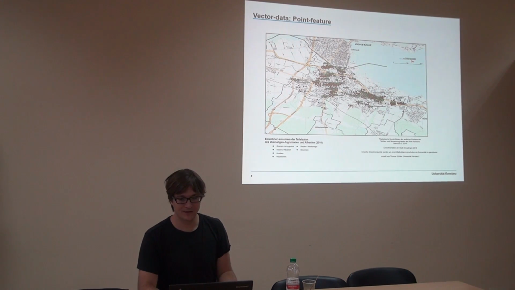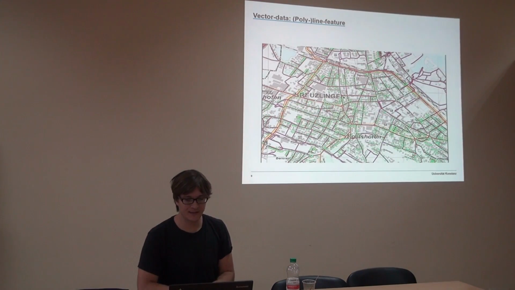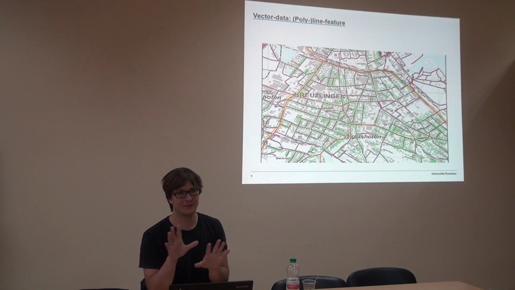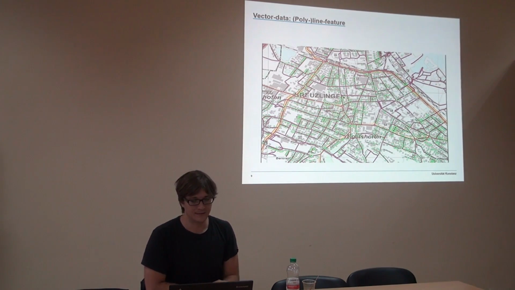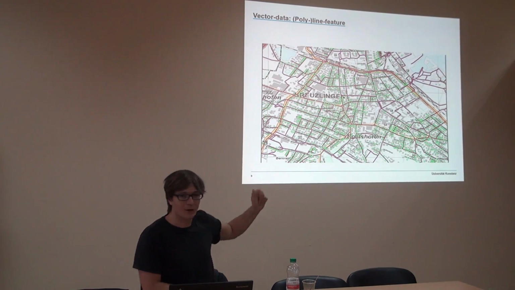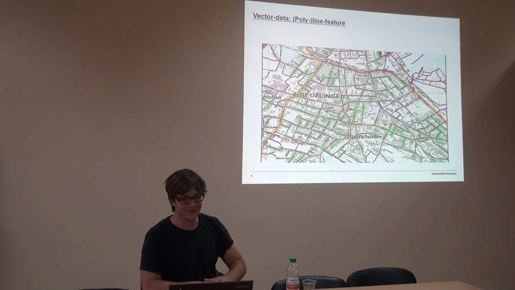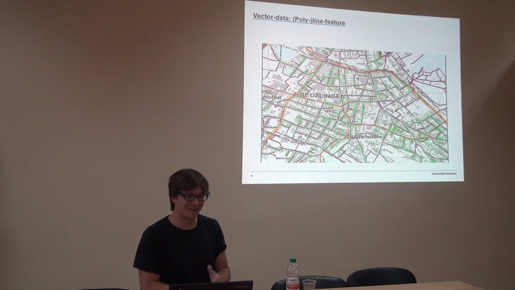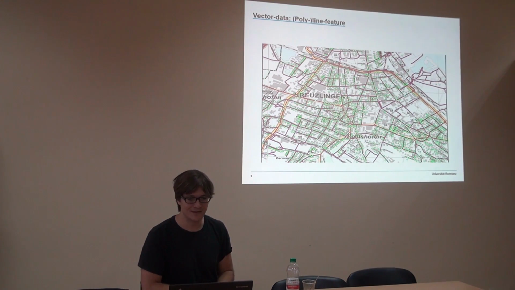Another type of vector data is line features, and there you often have a road network. And you can combine them. The green dots are the inhabitants, and the purple lines are the roads in Kreuzlingen. And you can do some analysis with this.